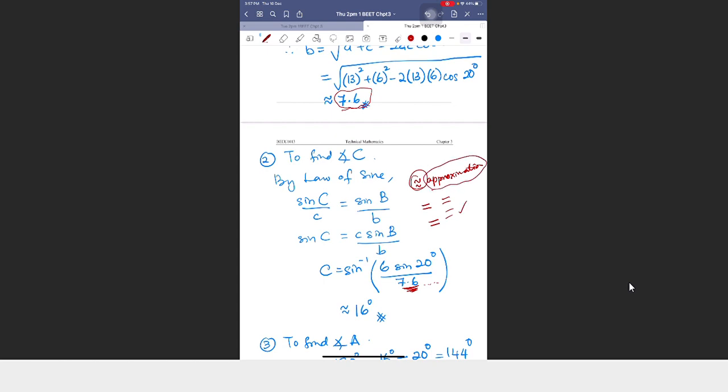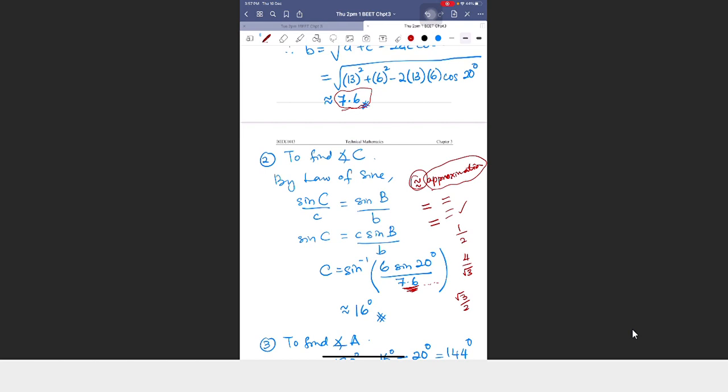Normally when we deal with approximation values, where we use a calculator and then round to one decimal, two decimals, or to the nearest degree, we are using an approximation value. It is not exact. Exact values are like what you've learned previously: 1/2, root 3, these are all exact values, because you don't round.